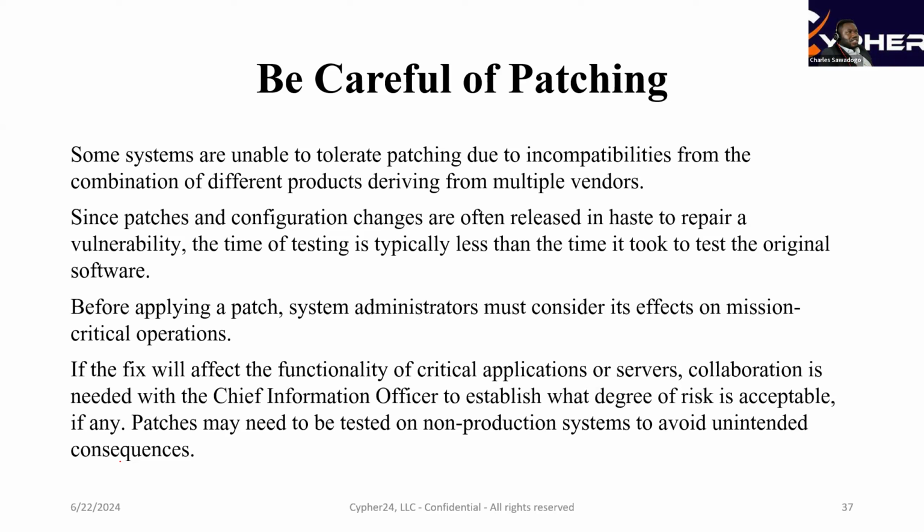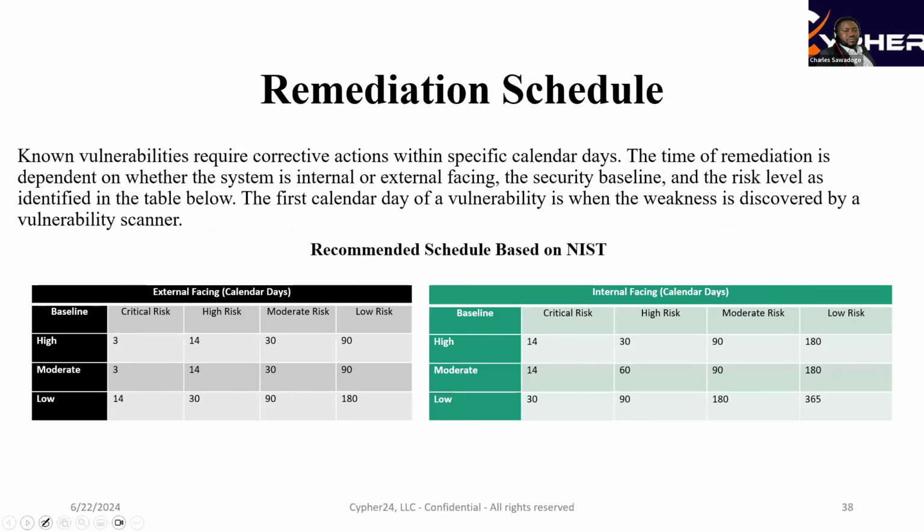Yes, usually organizations have what they call a testing environment. So if there is a new patch, what they should do is first apply it on a test environment to see what could be the hiccups, what could be the impact, before you apply it to the actual systems, right? To avoid anything, you have to test it first.